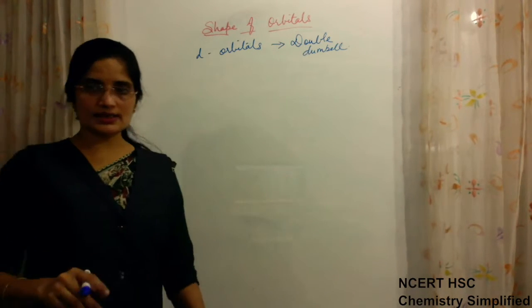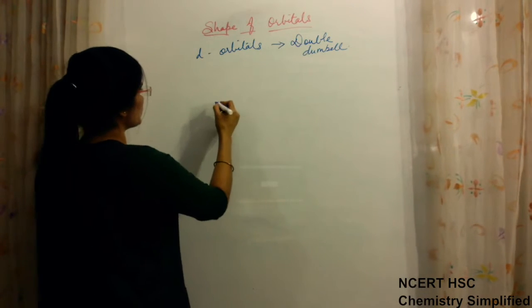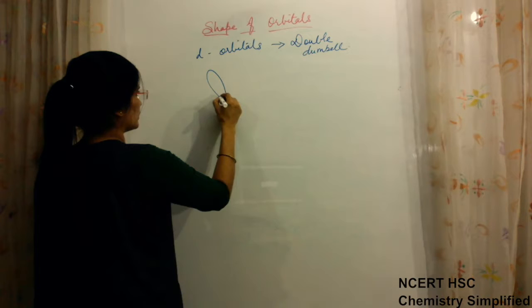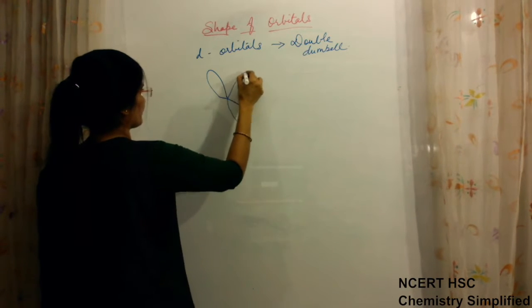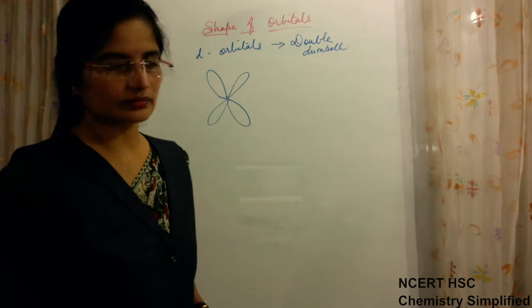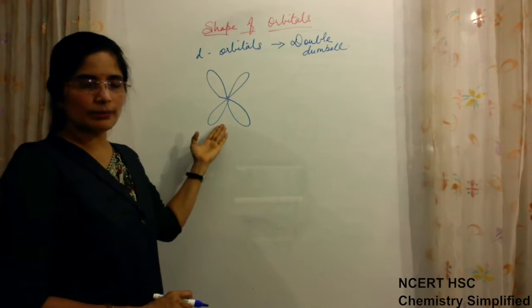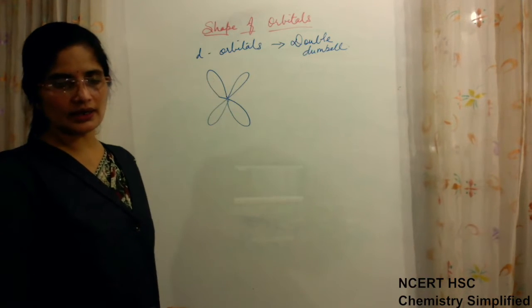P is dumbbell shaped, d is double dumbbell shaped. Double dumbbell shape means how it looks: this is one dumbbell, this is another dumbbell. This is the shape of d orbital. Two dumbbell shaped lobes of orbitals are present.